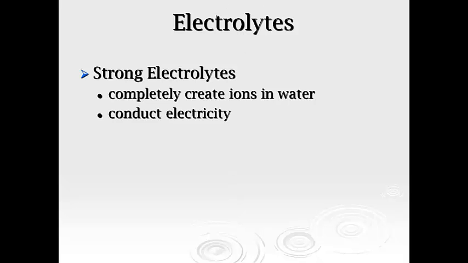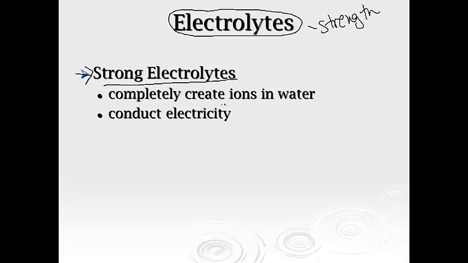Now, electrolytes. There are 3 types of electrolytes, based on strength. Strong electrolytes are substances that completely create ions in water, or in other words, those ions will dissociate, or separate, or in simple terms, they'll uncrisscross themselves from an ionic compound.